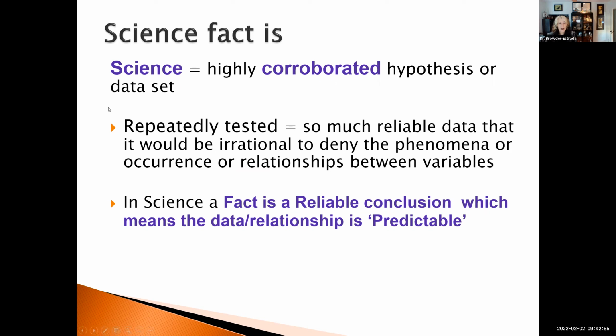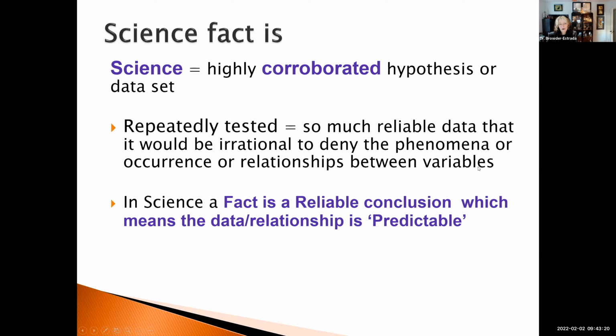As a scientist reports the results, it has been repeatedly tested using reliable data, so that it would now be irrational, really, in other words not the way that it's actually physically or measurably happening, to deny the phenomena or the occurrence or the relationships.